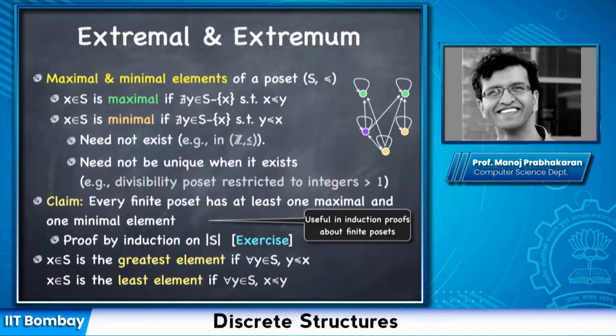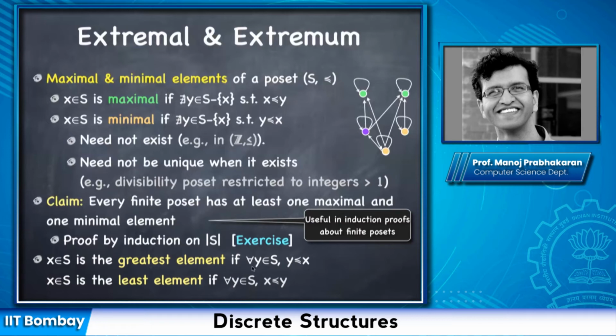There's also a notion of what you could think of as the maximum element or the minimum element, and the technical term we'd use is the greatest element. So an element x is the greatest element in a poset if for every y it holds that y is less than or equal to x. And this includes y equal to x also, because I know x is less than or equal to x, because I'm talking about a poset, not a strict poset.